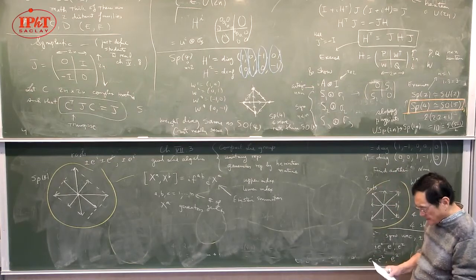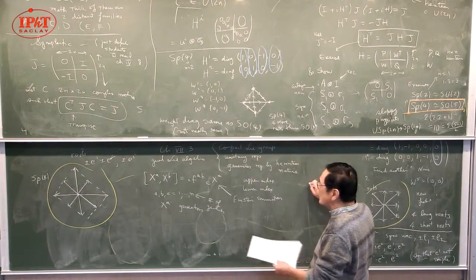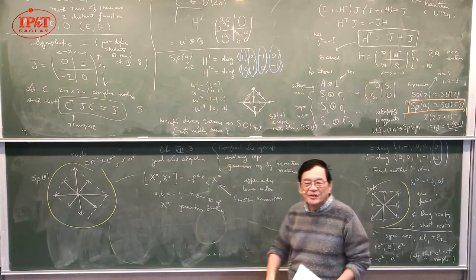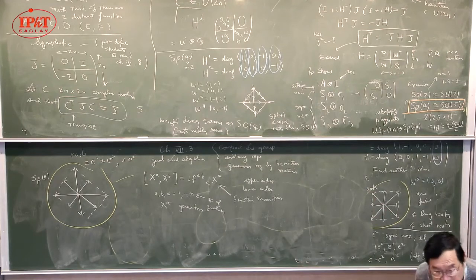Now, since X are represented by Hermitian matrices, X are Hermitian. So as I said, physicists are very sloppy. Mathematicians think of X as an abstract object, but physicists already immediately think of representation. They can just think of the matrices representing the abstract object.